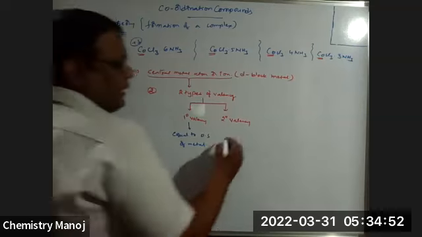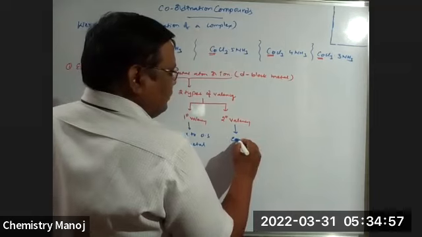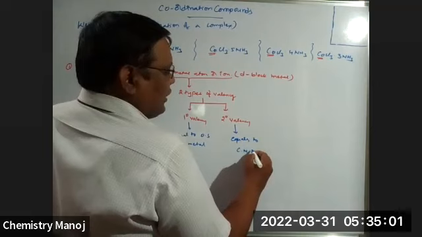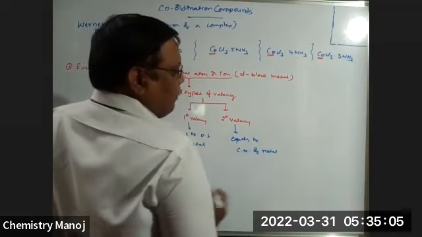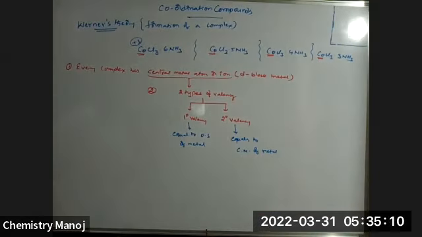Secondary valency is equal to the coordination number of the metal ion. What is that coordination number? Later we will discuss. So primary valency equals the oxidation state, and secondary valency equals the coordination number. That is very, very important.